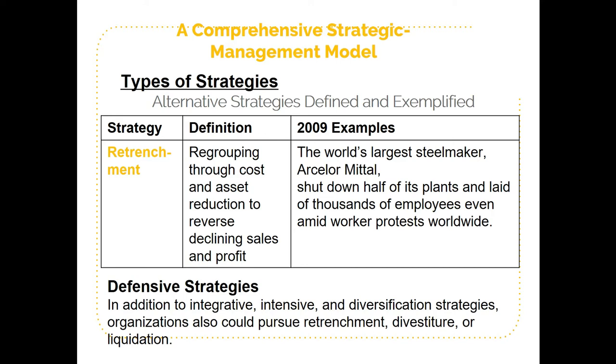So they regroup, they reduce the number of their employees. They even shut down half of their plants. Why? Because they want to reverse their declining sales or profit, even though there are a lot of workers who actually protest worldwide. There you go.